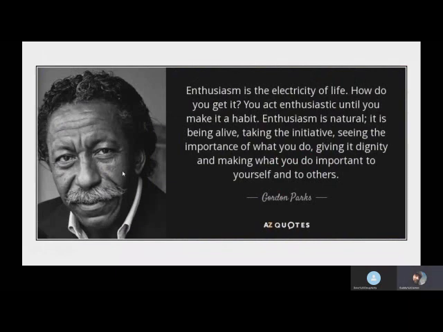Enthusiasm is the electricity of life. How do you get it? You act enthusiastic until you make it a habit. Enthusiasm is natural. It is being alive, taking the initiative, seeing the importance of what you do, giving it dignity, and making what you do important to yourself and to others.